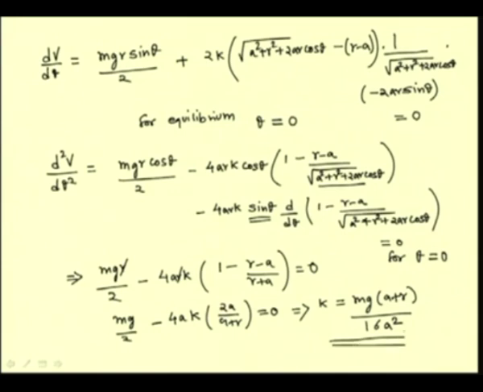So, this problem illustrated how we can use the concept of the stability of equilibrium and analyze the same using the potential energy function and the derivatives of this potential energy function with respect to the equilibrium positions.